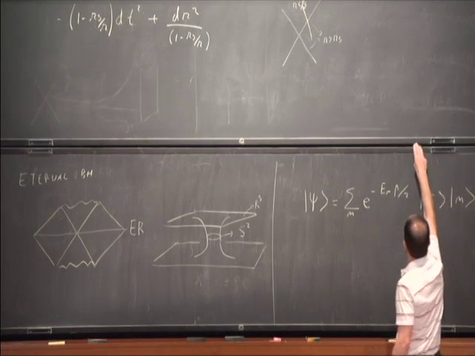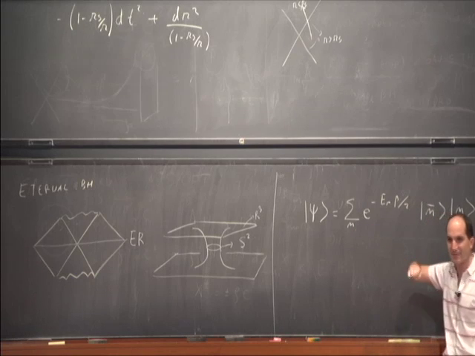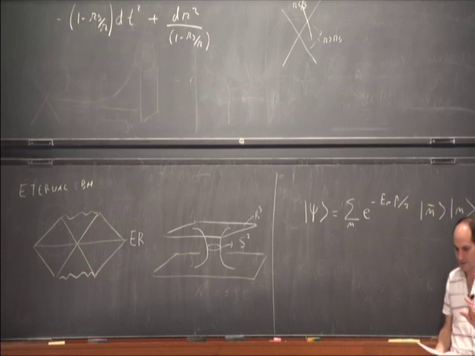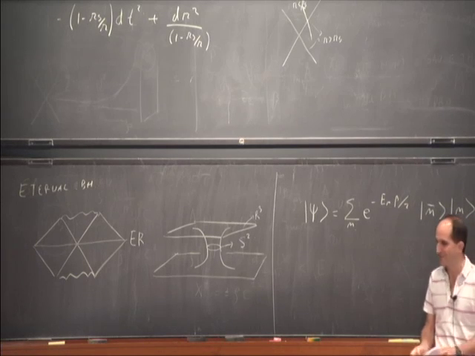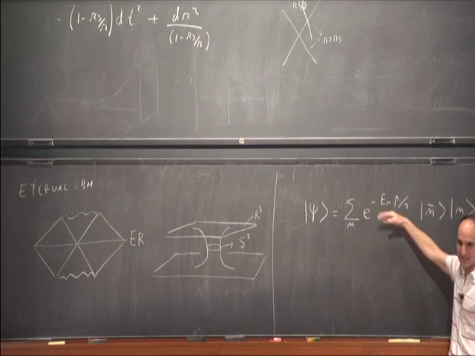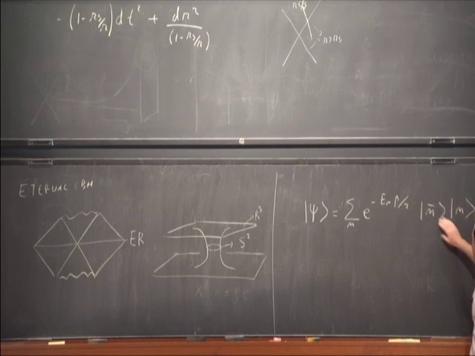What is n? So n is a sum over all possible states. It's some number that labels all the states. We assume that the black hole has a finite number of microstates, or a finite number of relevant microstates. Of course, this sum could run to infinity, but since they are exponentially suppressed, we could cut it off. So there is a finite number of relevant ones.